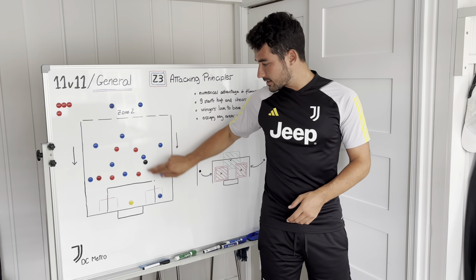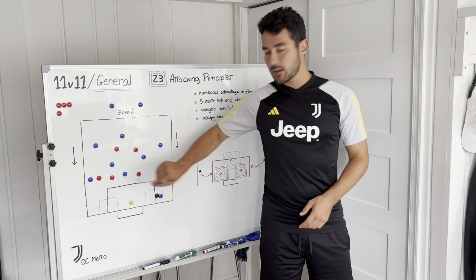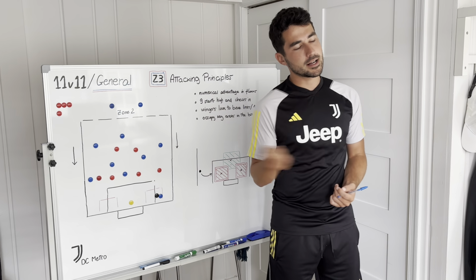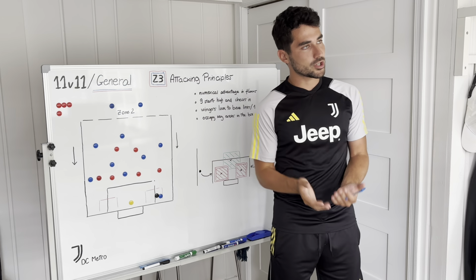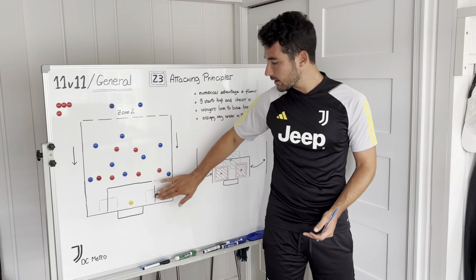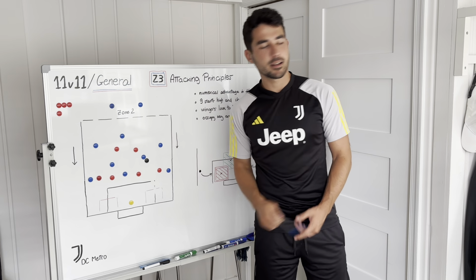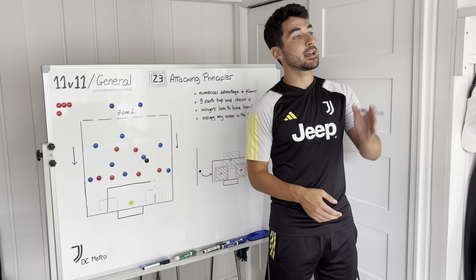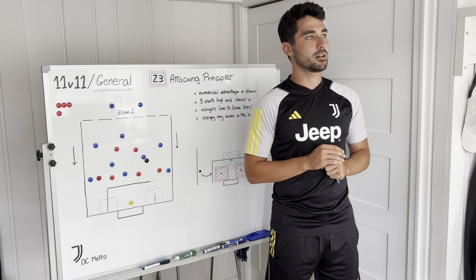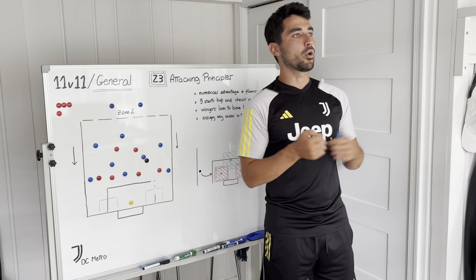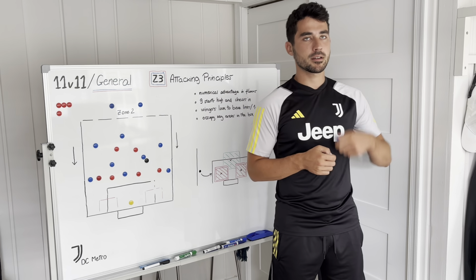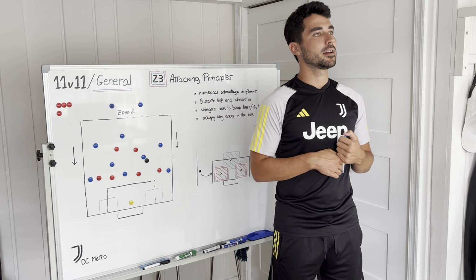Because once the ball gets here, it can be a cutback cross for a finish, it can be a cross for a tap in, it can be a shot. So we want our wingers to be able to break lines, attack the space in behind the line, and receive a through ball from our midfielders or from a third man combination between midfielders and striker.